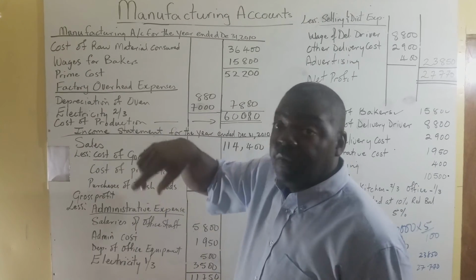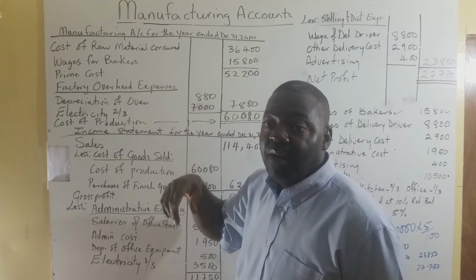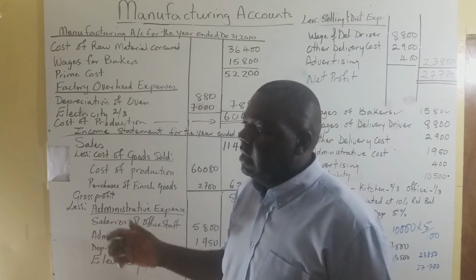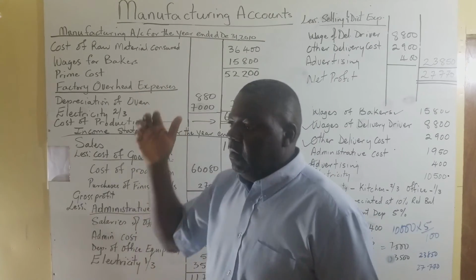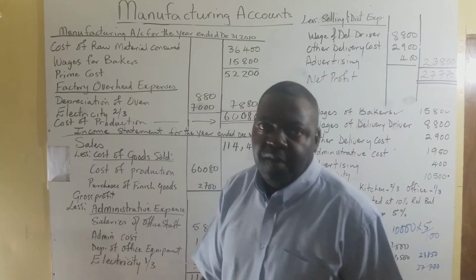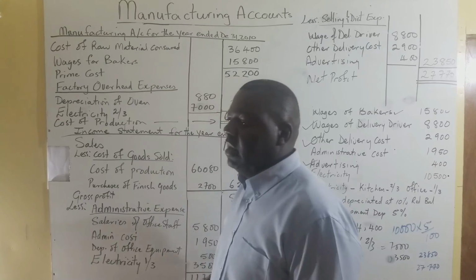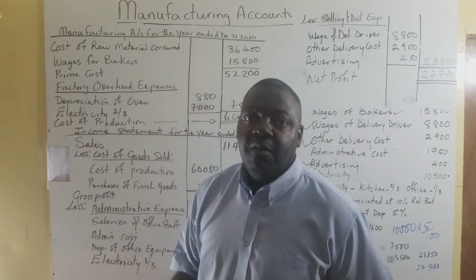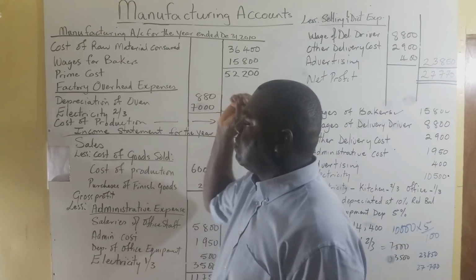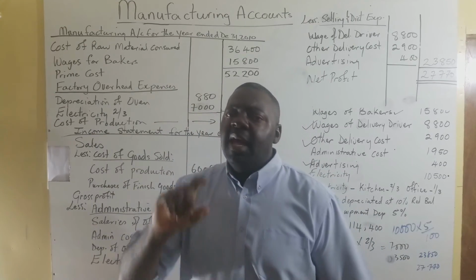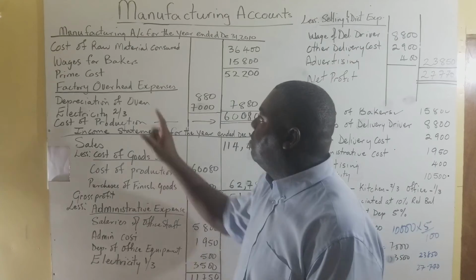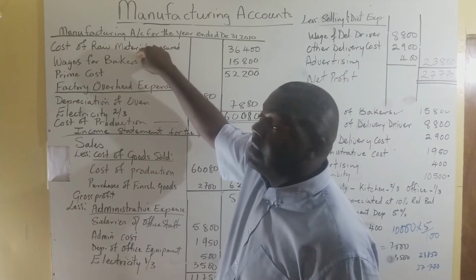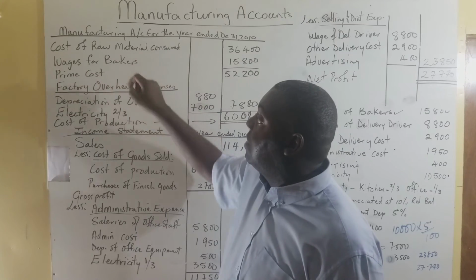Then you're going to look for your direct labor, direct wages, which may be factory wages, manufacturing wages, production wages, or direct wages, whichever, and your direct expenses. Those three elements are added to give you your prime cost. In this question, we have only two elements, the cost of raw material and the wages.